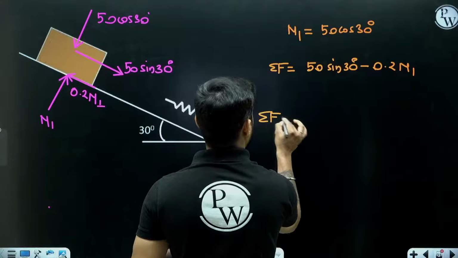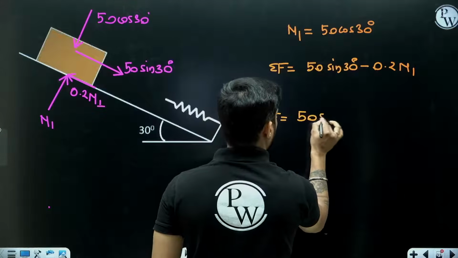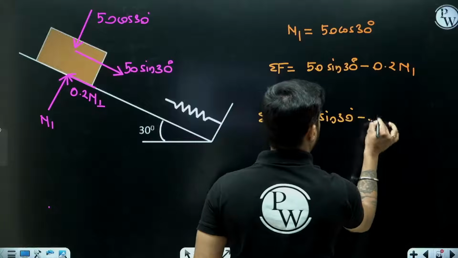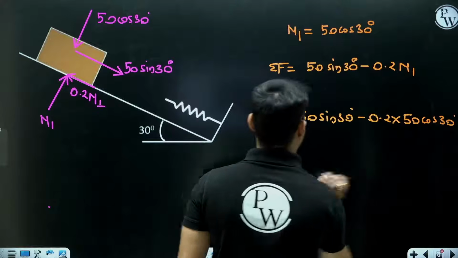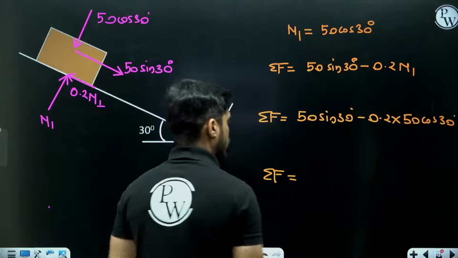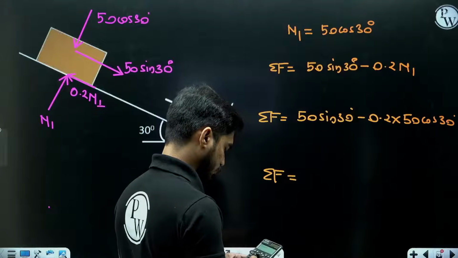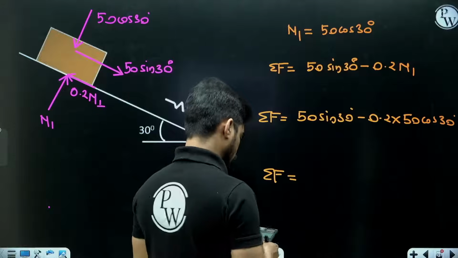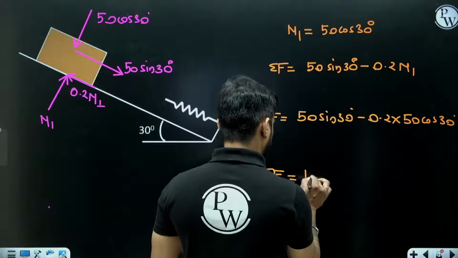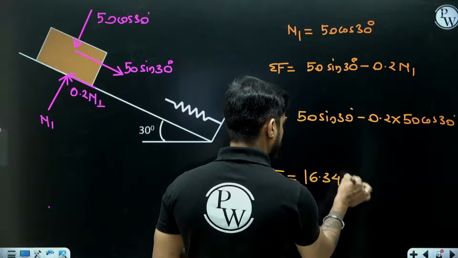We have already seen this, right? 50 sin 30 minus 0.2 into 50 cos 30. So net force in the direction of motion is 16.34 Newton. Okay.